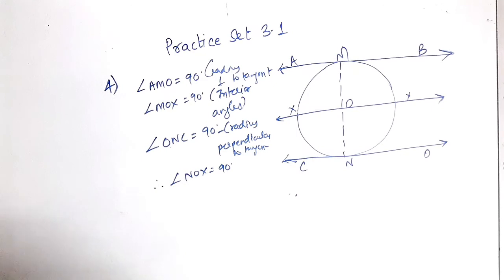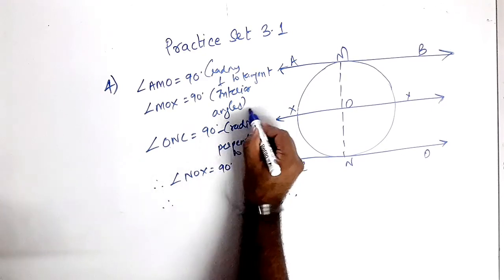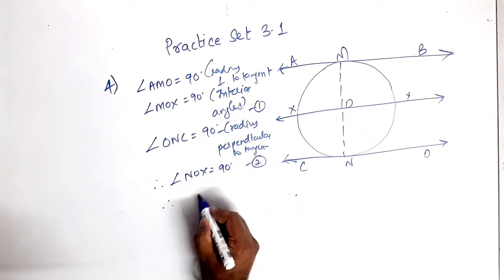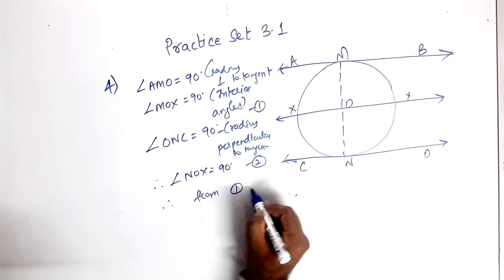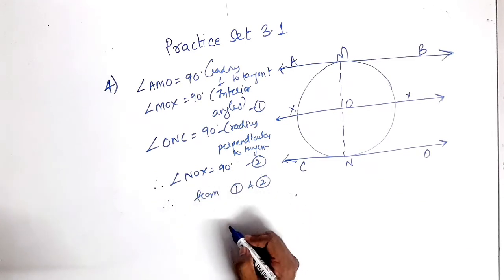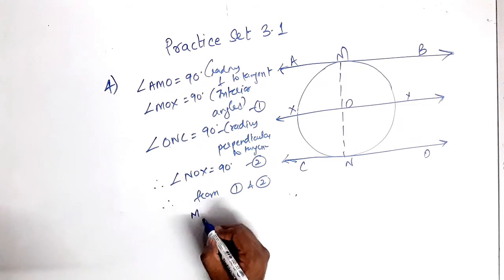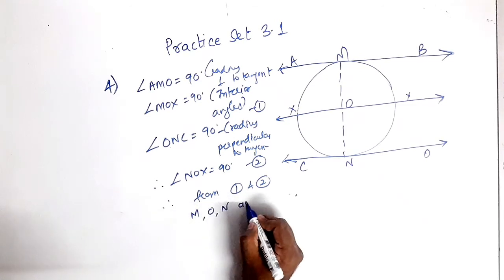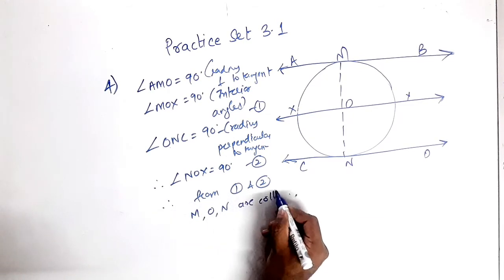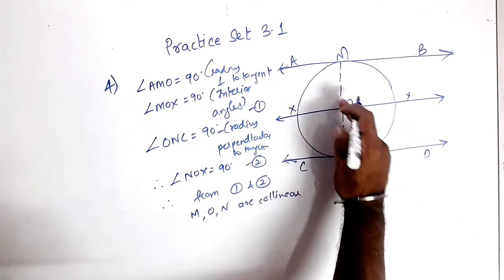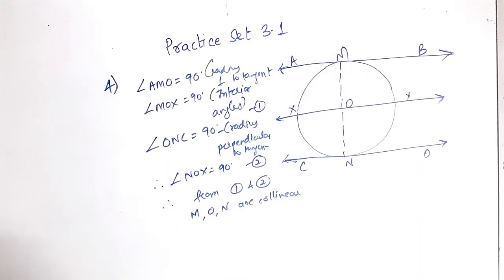Therefore, from 1 and 2, M, O, N are collinear. Okay, this is 90, this is 90, so they are forming a line. Correct?